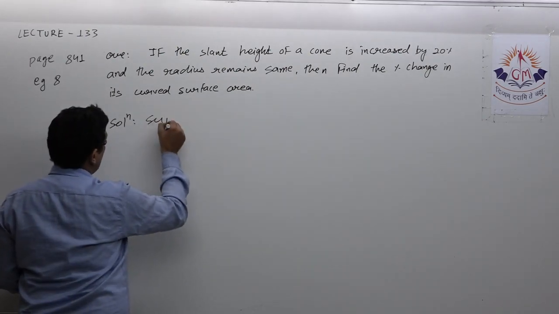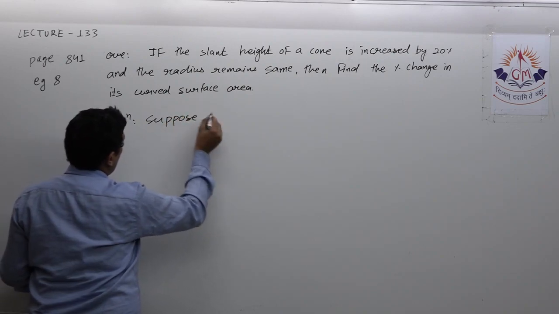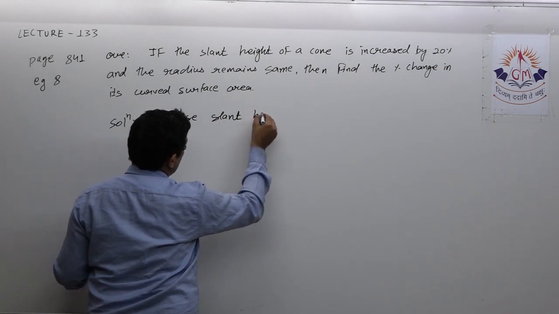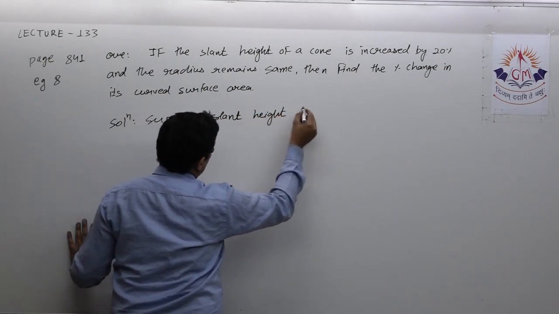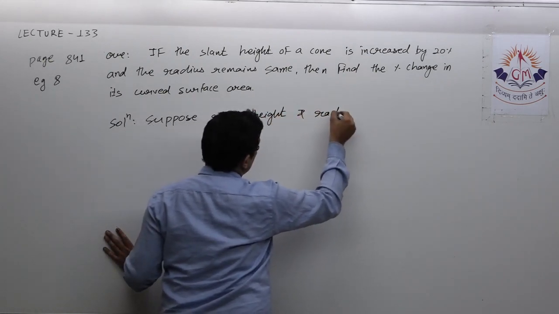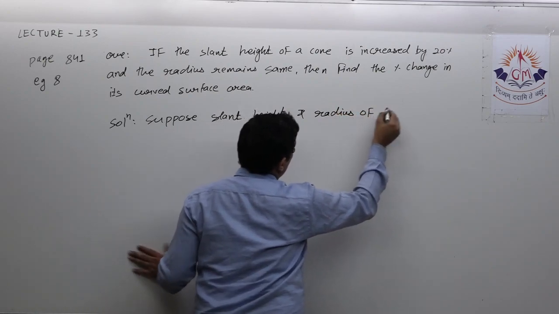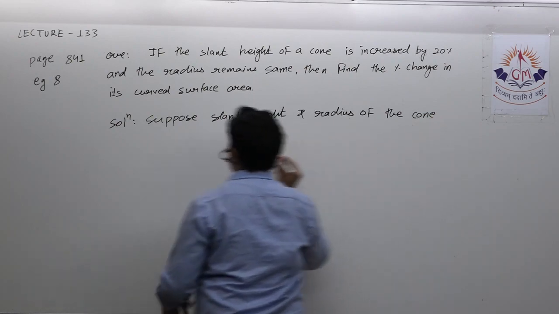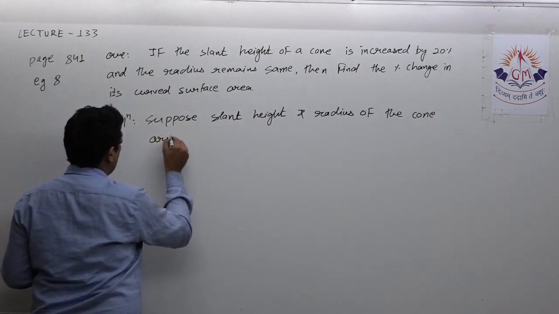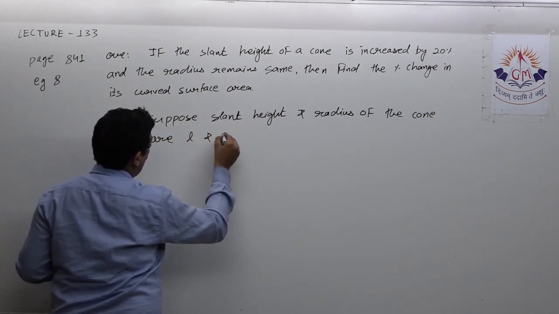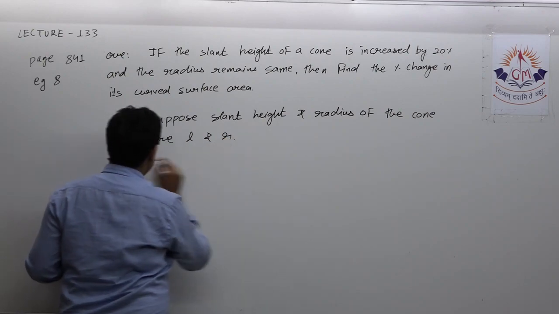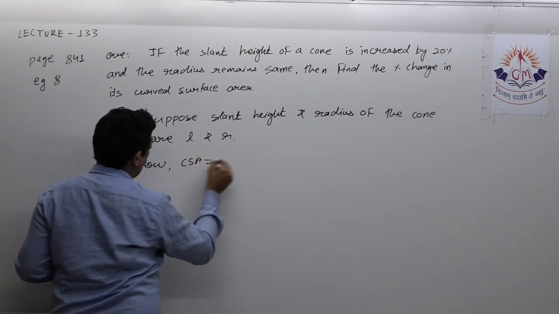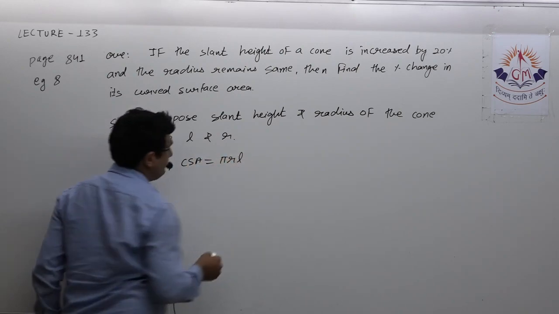Suppose the slant height and radius of the cone are L and R. Now CSA is equal to pi R L.